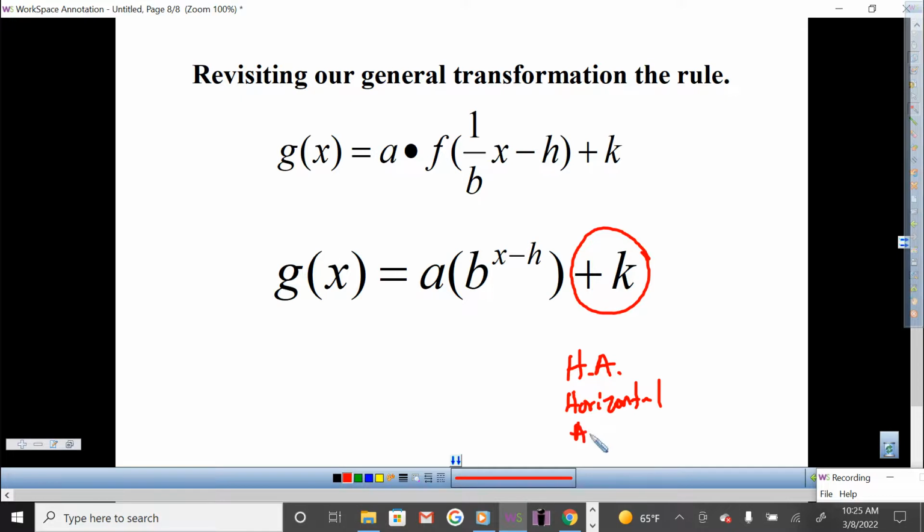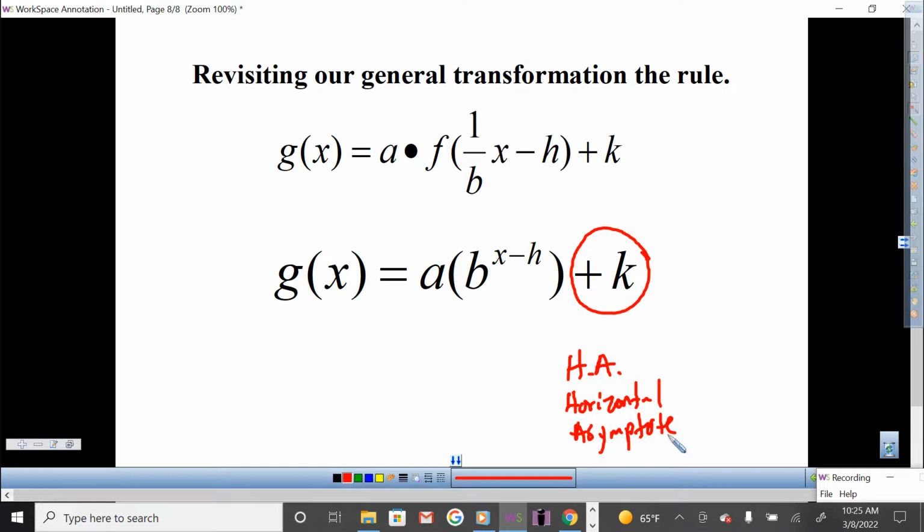Horizontal asymptote. Come on, guys, this is a review. We haven't even gotten into logs yet, that's tomorrow. Bam! Let's go! All right, so that's our horizontal asymptote as well.